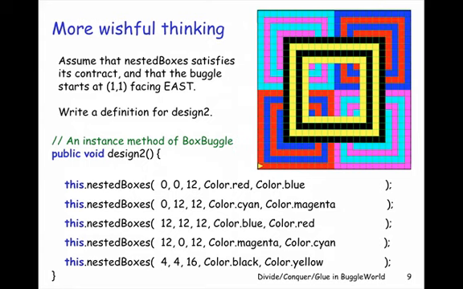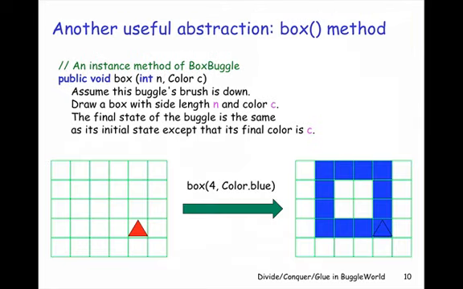But before we do that, we're going to do some more wishful thinking, because as part of Divide, Conquer, and Glue, even as we implement some methods, we use wishful thinking with other methods. So let's assume that we have two other methods. The first is a box method.